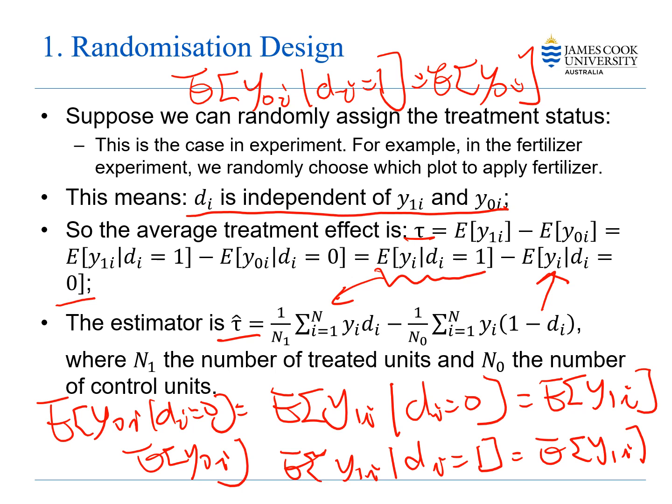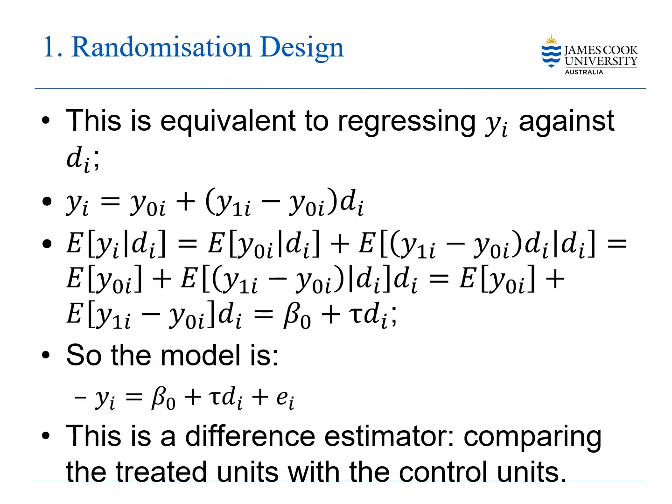We already saw this in the previous videos. This is equivalent to regressing yi against di. So remember, including di, a dummy variable or indicator variable, in the regression model allows the intercept to be different. So this is a kind of difference estimator.